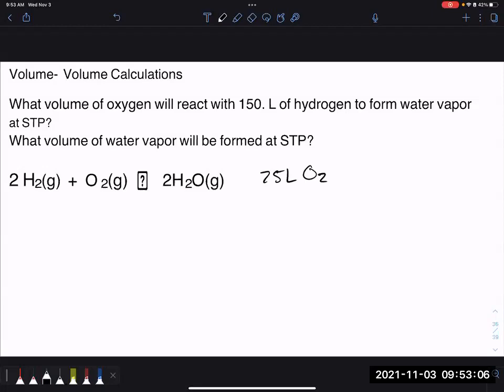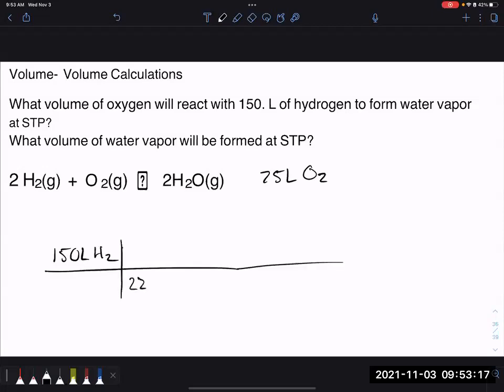So again, we're starting out with our 150 liters of H2, that's 22.4 liters per 1 mole. And then we have 2 moles of hydrogen for every 1 mole, not H2O.